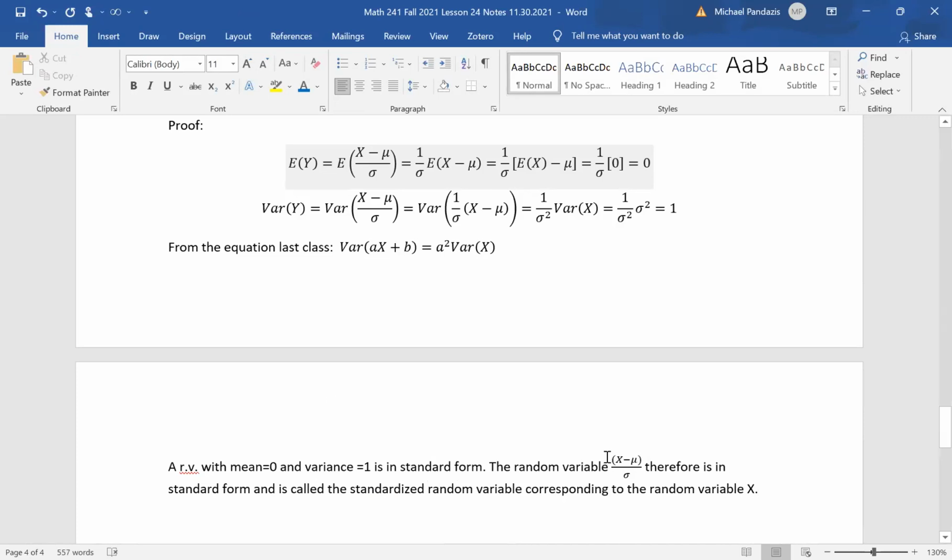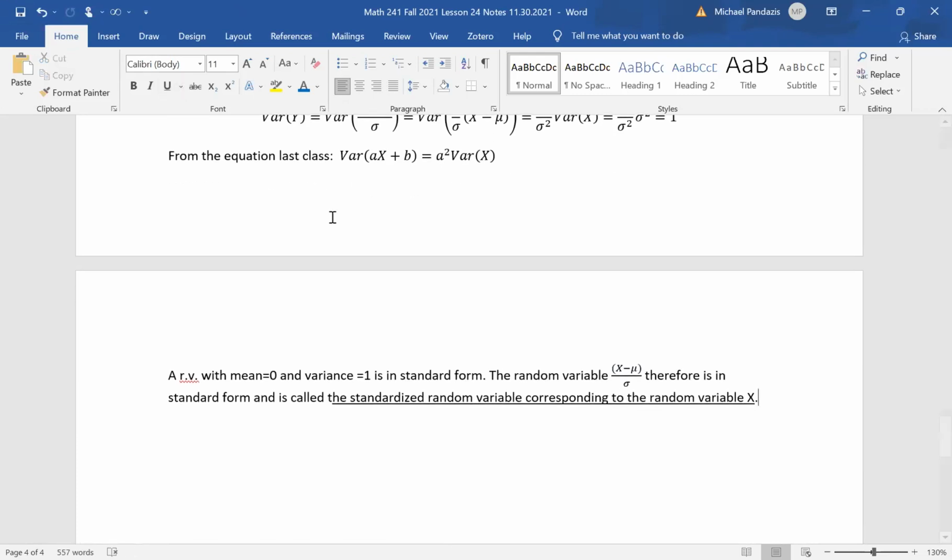So x minus mu over sigma is the standardized random variable corresponding to the random variable x.